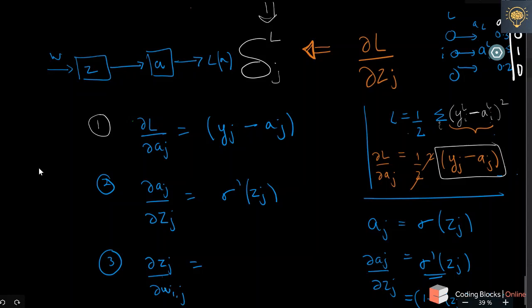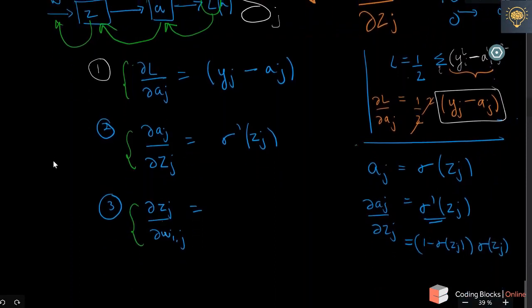So I am basically trying to figure out how loss changes with respect to activation, how activation changes with respect to z, and how z changes with respect to w. So this is for the first part, this is for the second part, and let us talk about the third part.